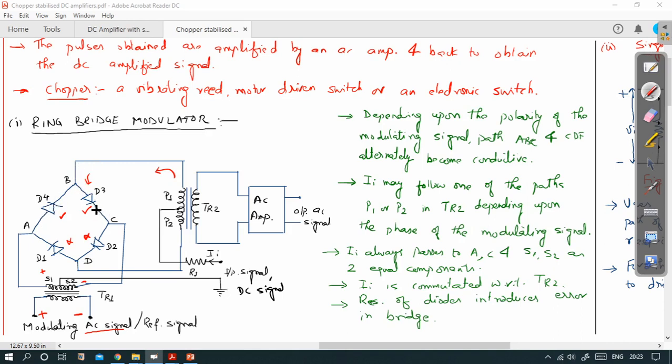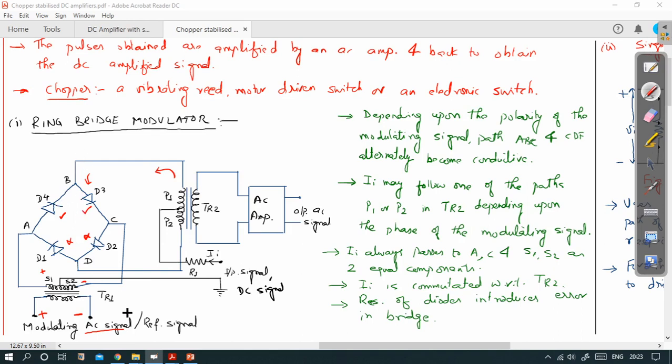So it doesn't matter. The point is that it will enter through R1 and pass through P1, and then via these paths it will go to the ground here and form the closed path, and then it will continue like this.